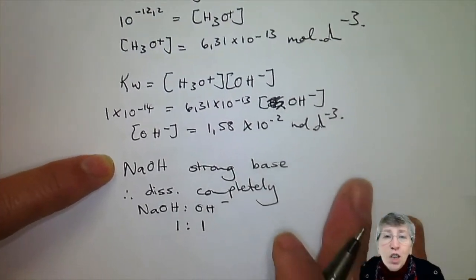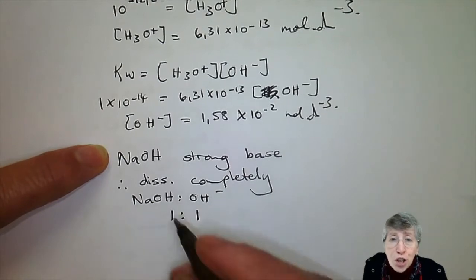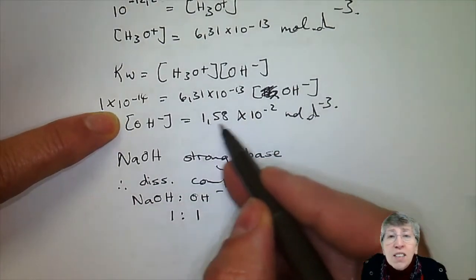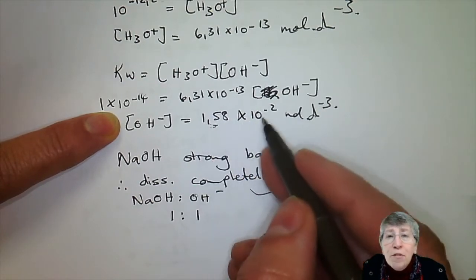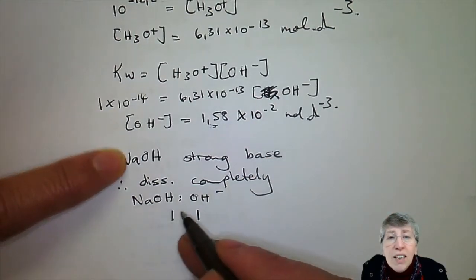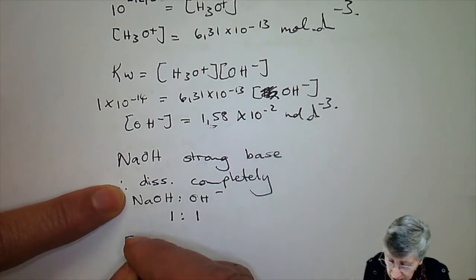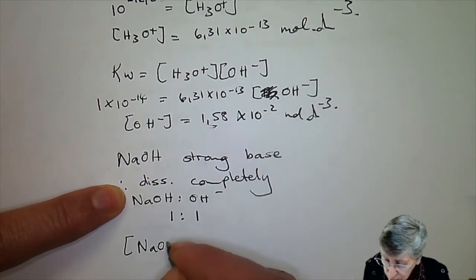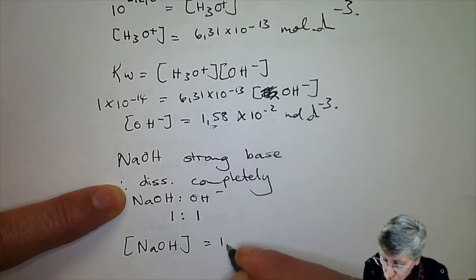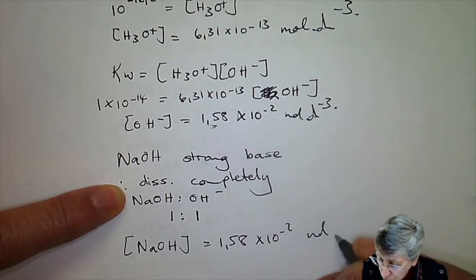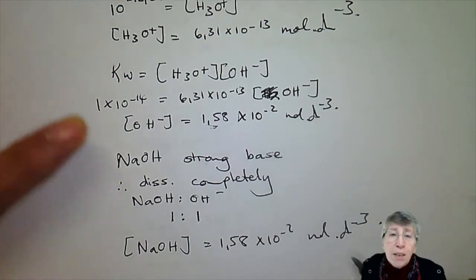They're in the ratio 1 to 1, and you have to show that, right? Okay, so now if the OH minus was 1,58 times 10 to the minus 2, and every one of the OHs was produced by 1 sodium hydroxide, it immediately tells me the sodium hydroxide concentration is also 1,58 times 10 to the minus 2 moles per cubic decimeter, right?